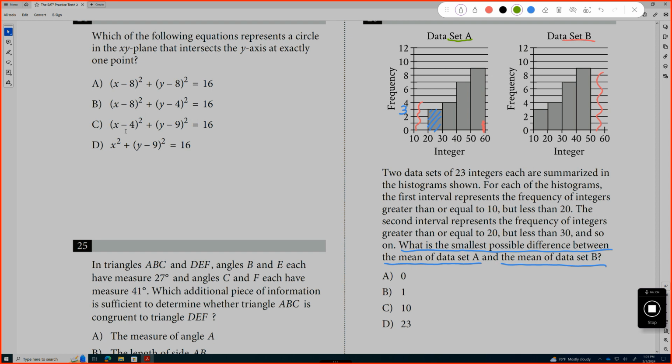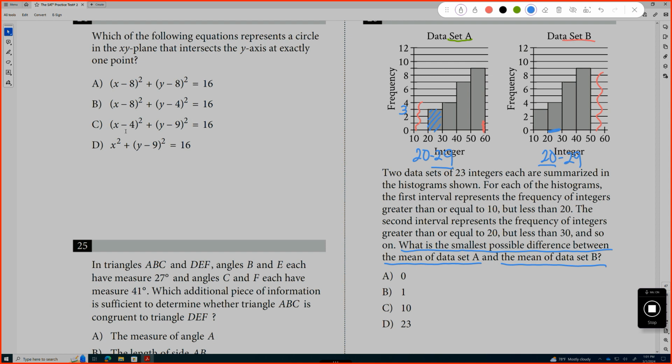So if this is from 20 to 29, and this is also from 20 to 29, I want the smallest difference. So when I subtract, if I do 29 minus 20, that's 9.